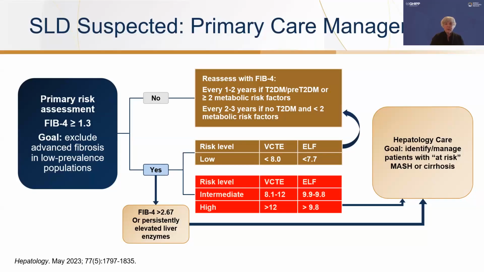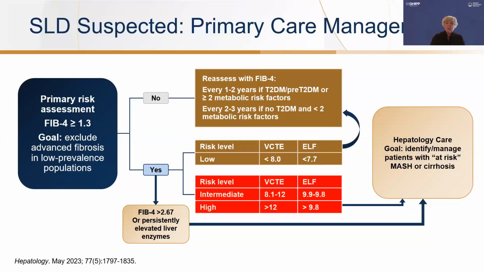And if it isn't greater than 1.3, then we can say in primary care, reassess with FIB-4 1 to 2 years if there's diabetes type 2 or pre-diabetes and greater than 2 metabolic risk factors. If there's no diabetes or pre-diabetes, no metabolic risk factors, then every 2 to 3 years they can reassess that FIB-4, which gives you a really great indication of moving forward and whether that patient potentially has fibrosis.